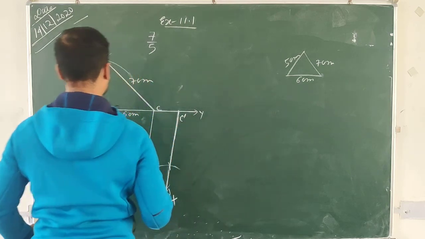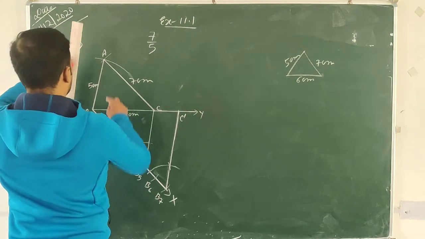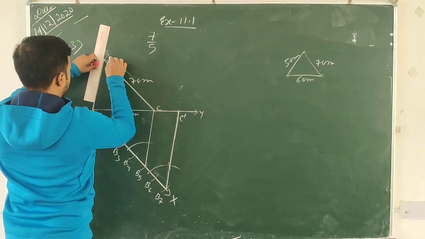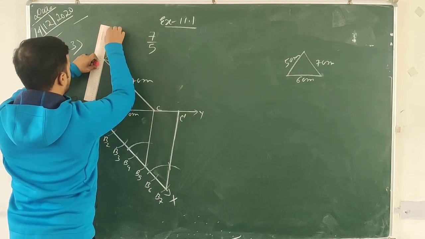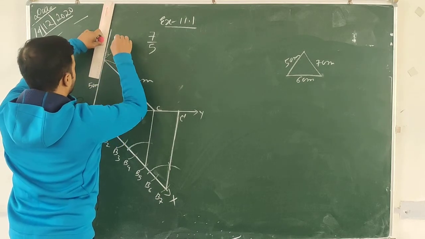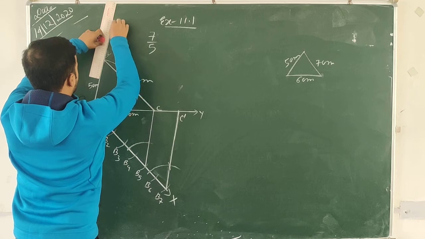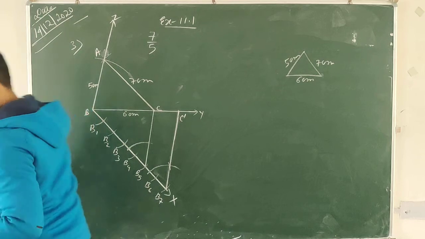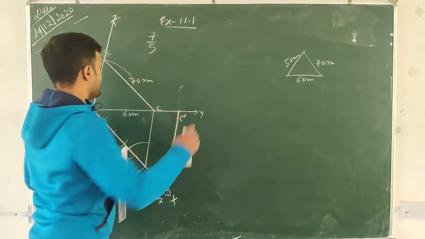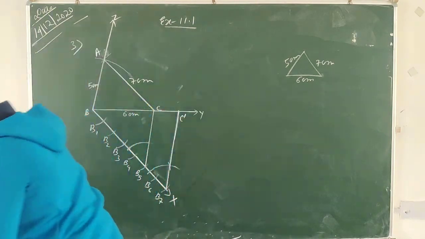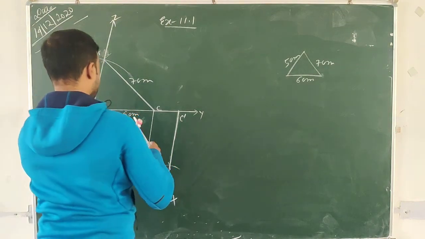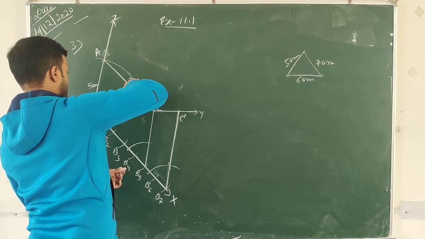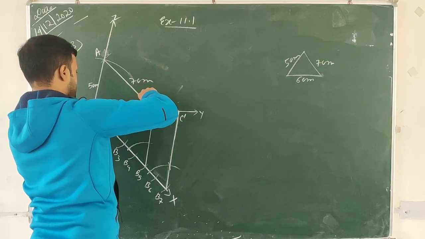C dash. Now we'll extend this. From the point C we will draw an arc with any suitable radius.